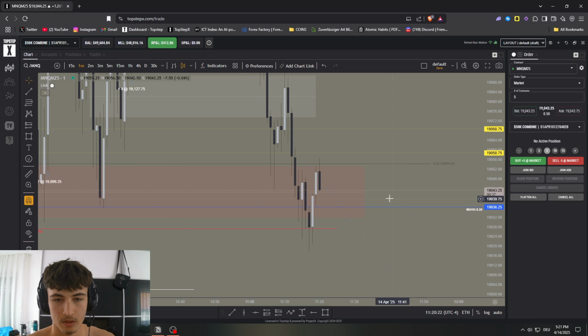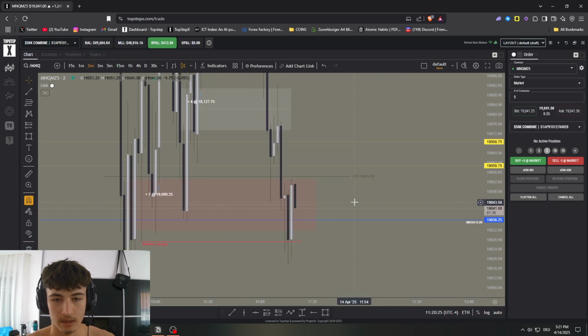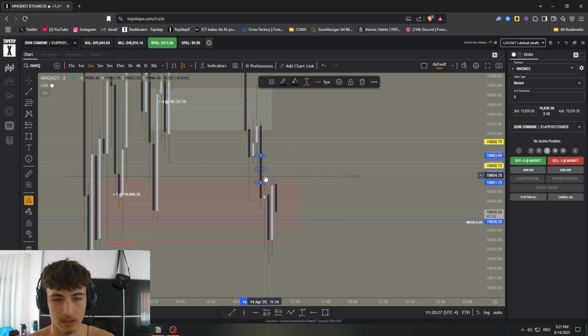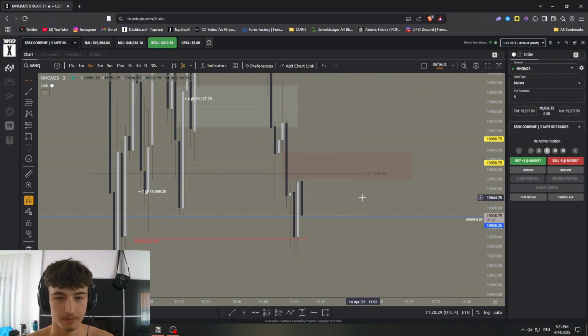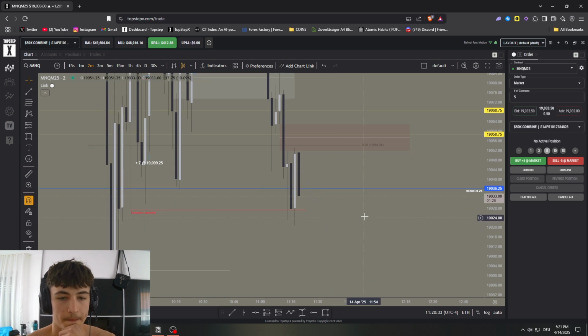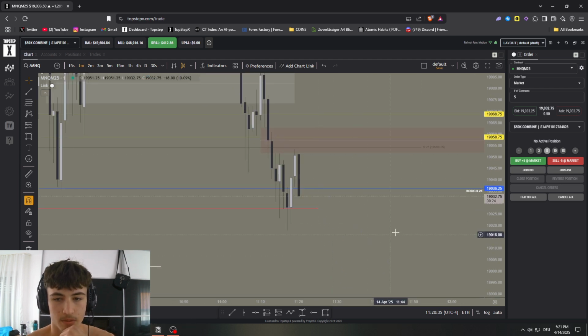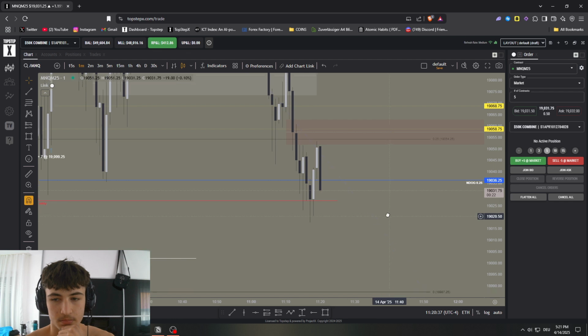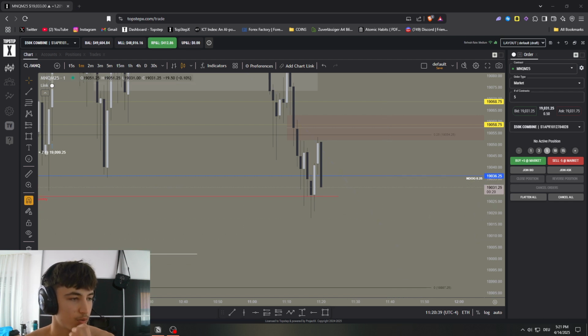Also, let's see if we get an inversion. So I would like to see that being inversed. But we react off that beautifully. Doesn't seem like a long to me. Let's just watch the price, guys.